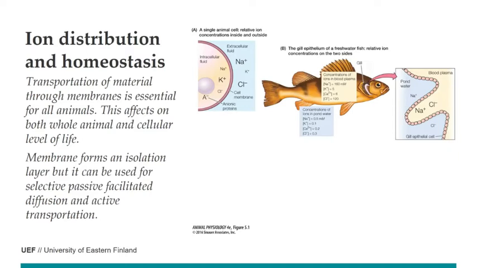But it also affects the whole animal level. In freshwater fish, in a pond or lake, there's usually quite a low concentration of ions, quite a low concentration of salt in these waters. So there is a concentration difference.